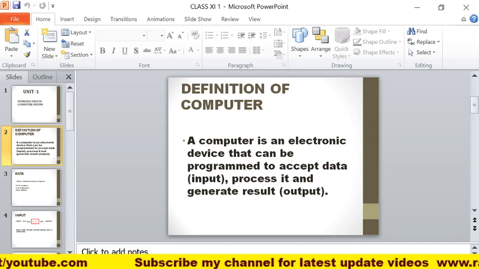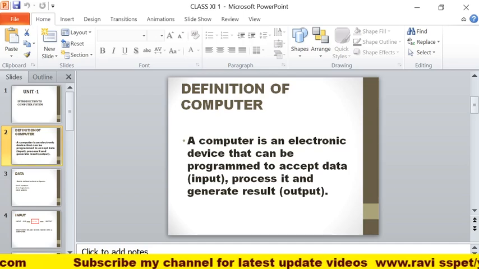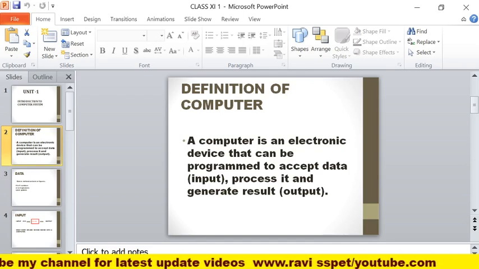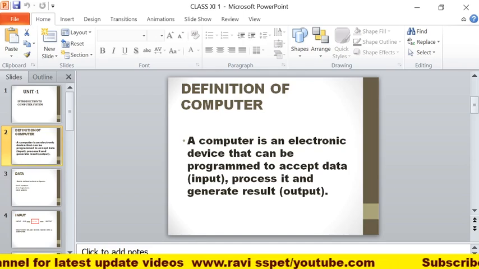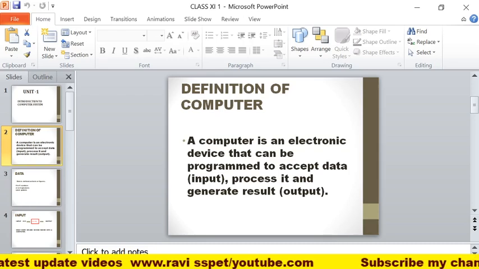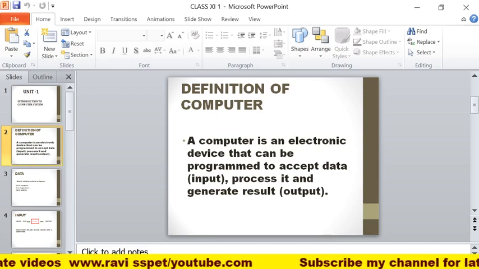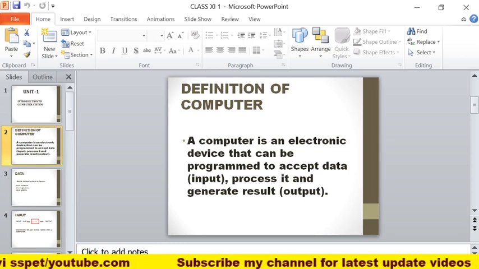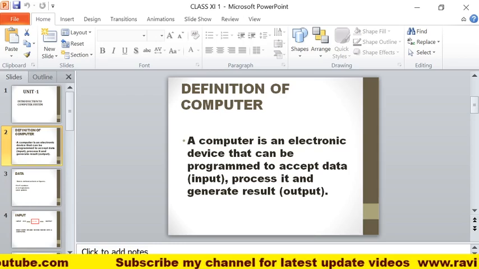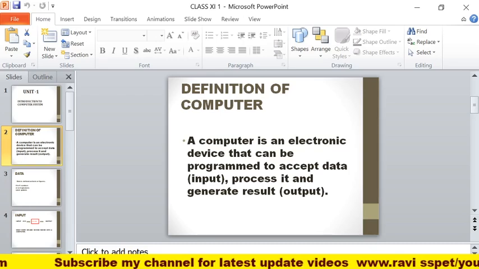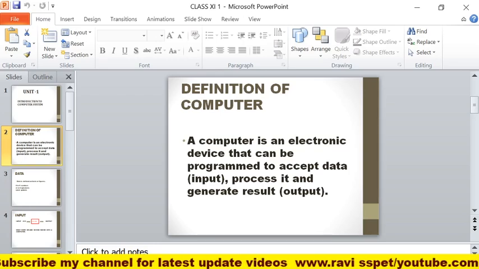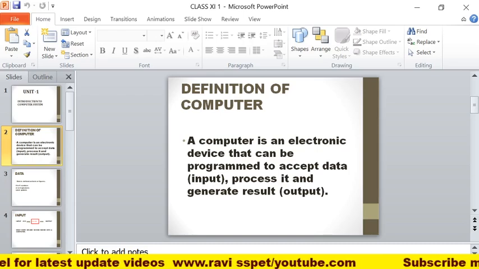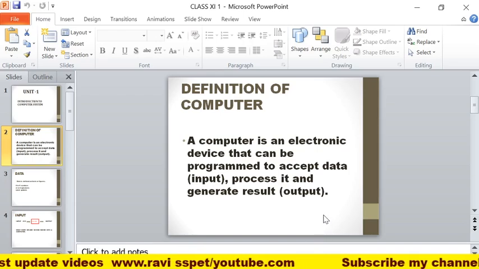After that, it processes it, that means 5 plus 5 is processed, and finally it gives the result 10, which we call the output. In simple words, a computer is nothing but input, process, output. 5 plus 5 goes into the computer and the final product is 10. That is the result, and that we call the output. Okay students, so this is about the definition of computer.